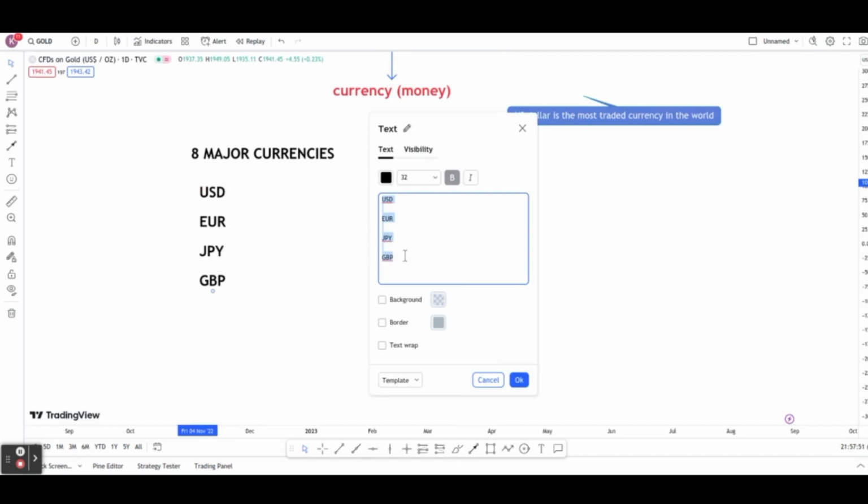The next one is the Swiss franc, CHF. The next one is the Canadian dollar, CAD. I'm going to explain all these codes.